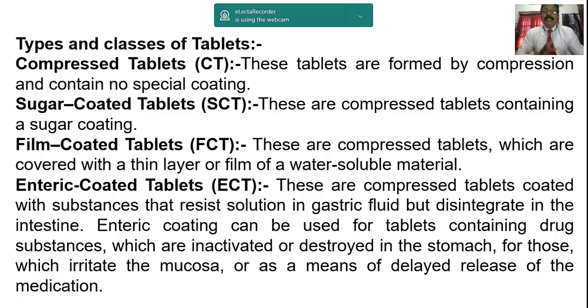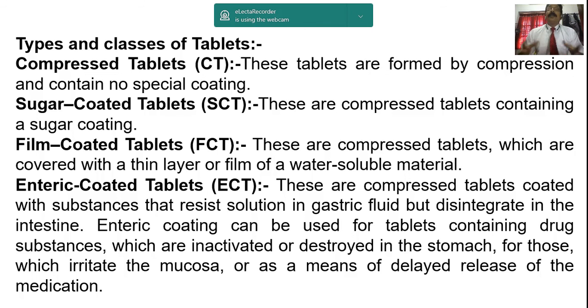So we can select chemical substances which can easily be coated on the drug, which will resist the acid pH of the stomach, and then will disintegrate only at the intestinal pH and release the drug, so that the drug will not affect the stomach mucosa.